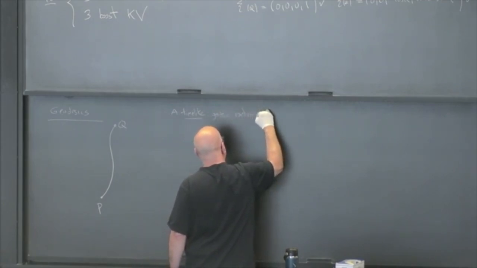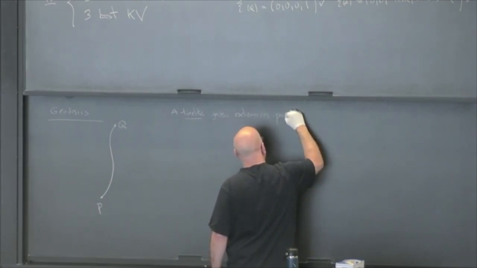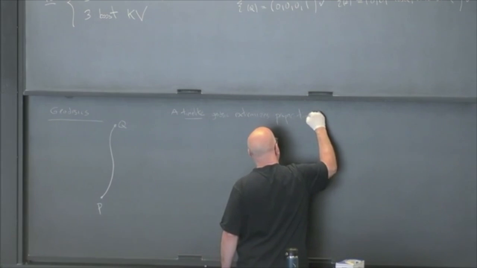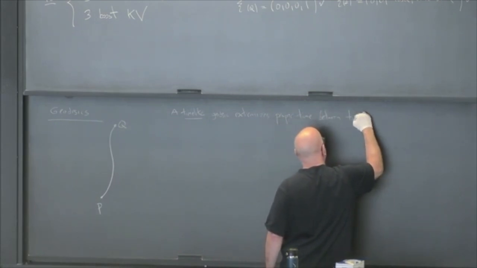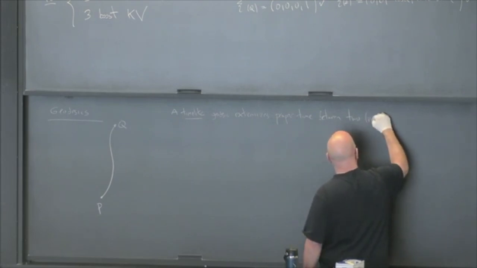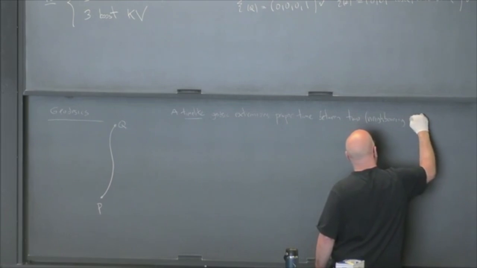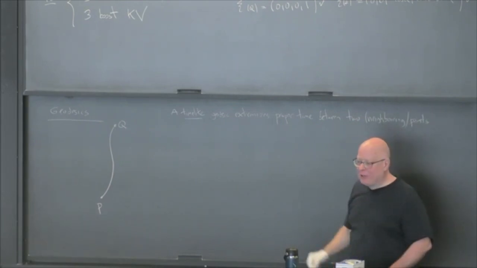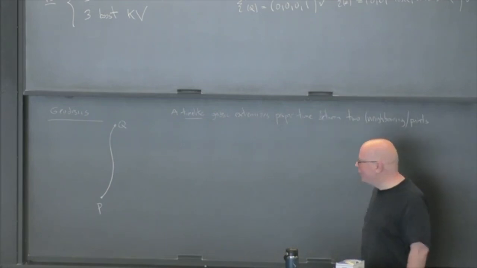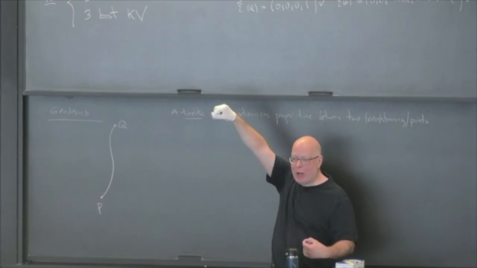extremizes proper time between 2 points. And I would say 2 neighboring points because all sorts of things can happen if you allow the extension between P and Q, or the distance between P and Q, to be too large.